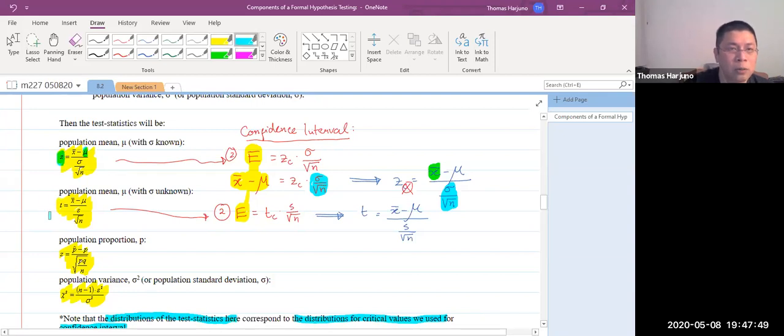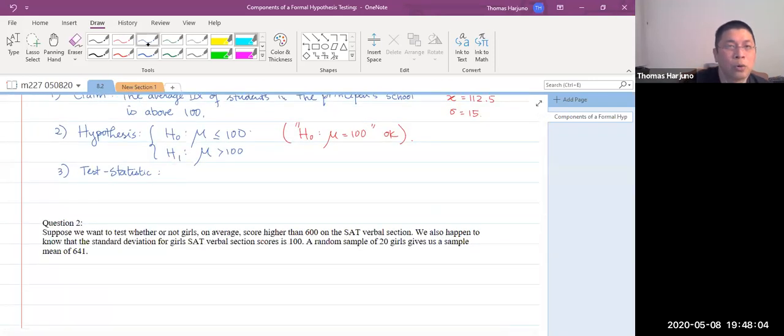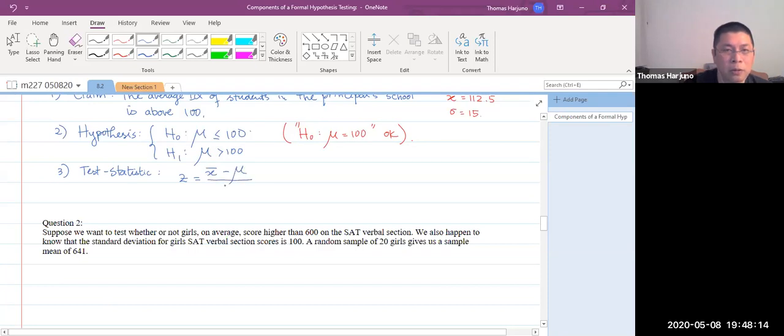But because we know sigma, the population standard deviation, we will use the standard normal distribution if sigma is known. So Z, the test statistic, is equal to x bar minus mu over sigma over square root of n.